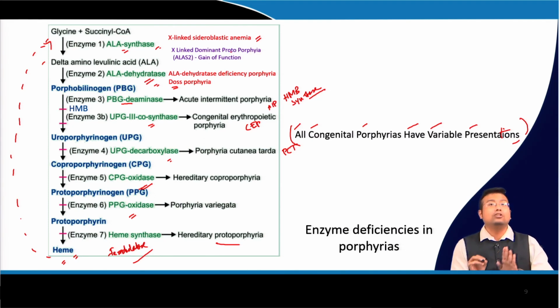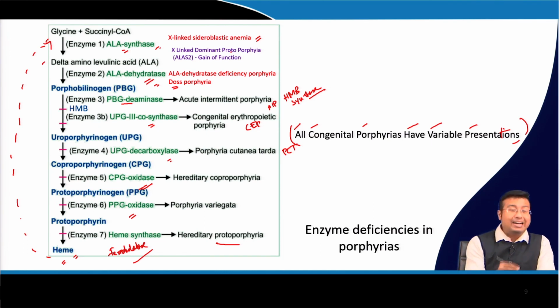Mind it, X-linked dominant protoporphyria, where we are not dealing with any deficiency, but with a gain of function mutation. This has been reported very recently, so in older edition textbooks this disease might not even be documented. The gain of function mutation leads to an excess production of all of these products.